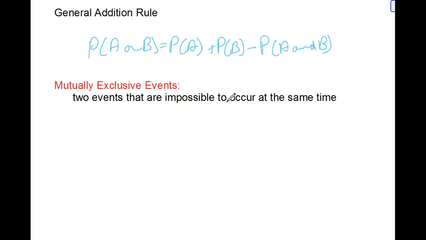Mutually exclusive events are events such as flipping a coin and drawing a card. Those are mutually exclusive because they can't happen at the same time. Or, like on a deck of cards, drawing a 3 or an 8. Those things cannot happen at the same time. So those are mutually exclusive, and we don't have to worry about subtracting out the overlap because there is no overlap. But it's always good to look for that overlap.